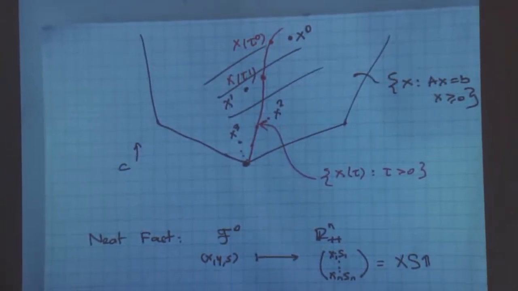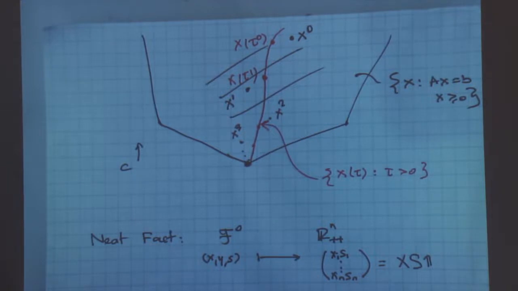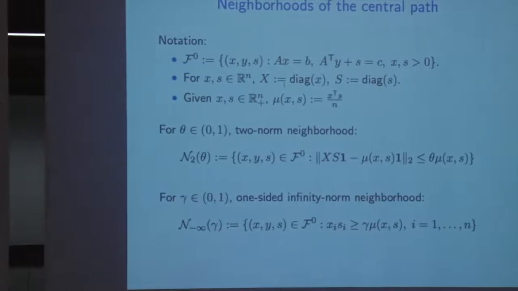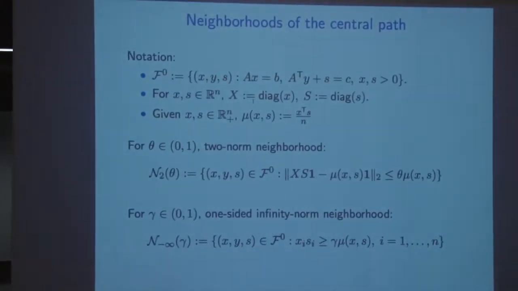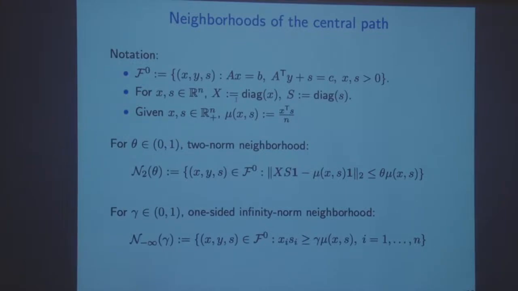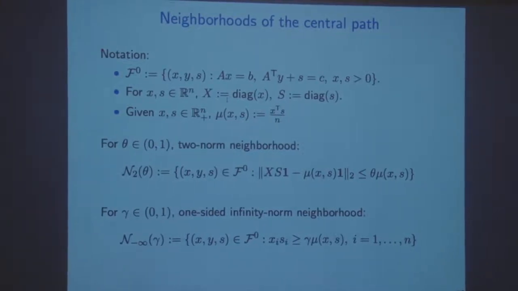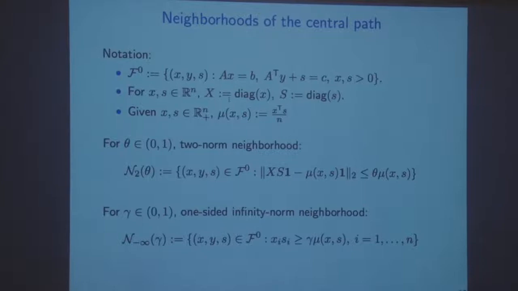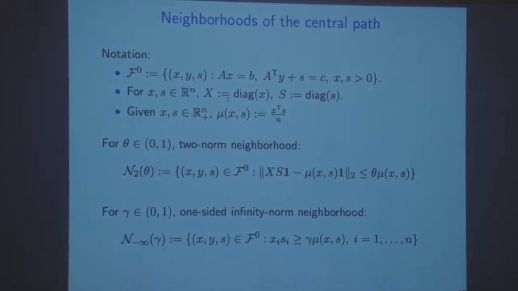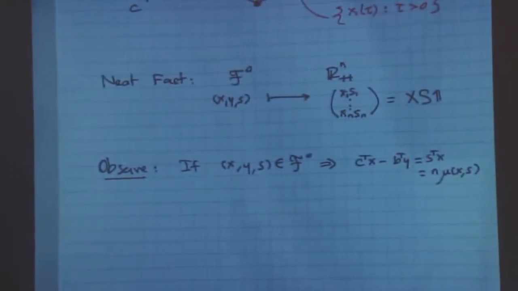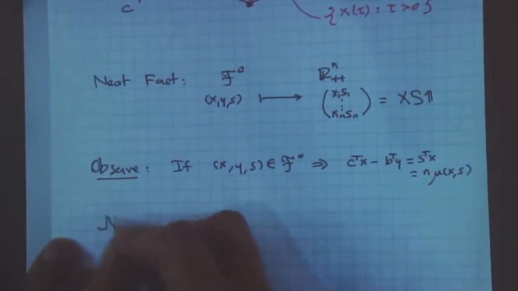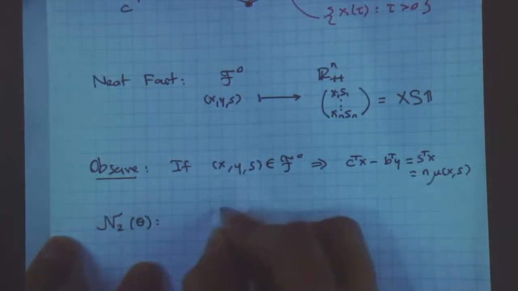The set that we call N2 of theta is the set of (x, y, s) strictly feasible such that when we take the product xs, and subtract mu times 1, the two-norm of that is bounded in terms of mu. There are two ways of envisioning what N2 of theta is. The easiest way, because it's much easier to draw pictures in R^n_+, is to think of N2 of theta like this.